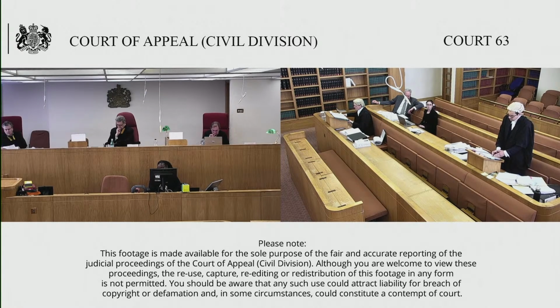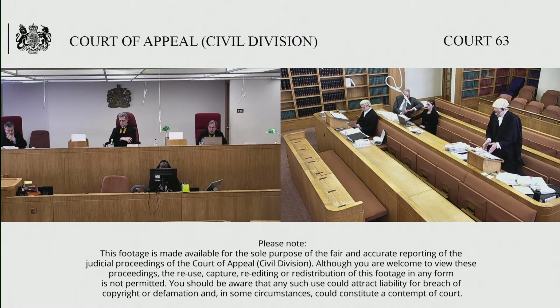Let's say you have two scenarios. You have existing previously developed land, which includes garden, which physically touches the settlement. So on the appellant's interpretation, it would physically touch the settlement.